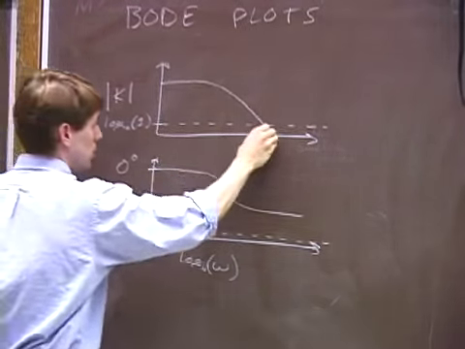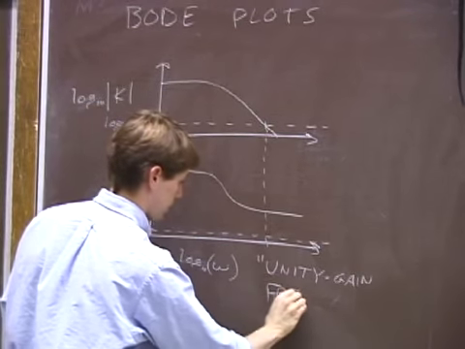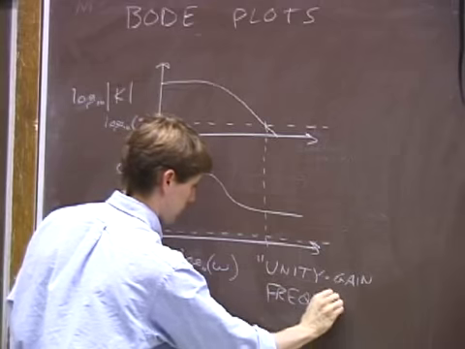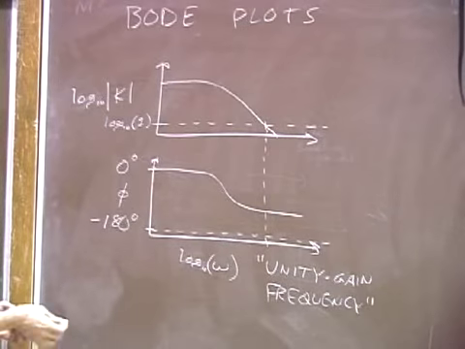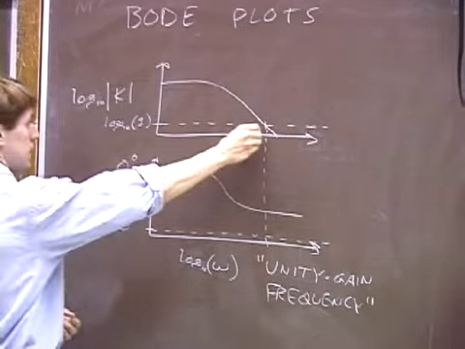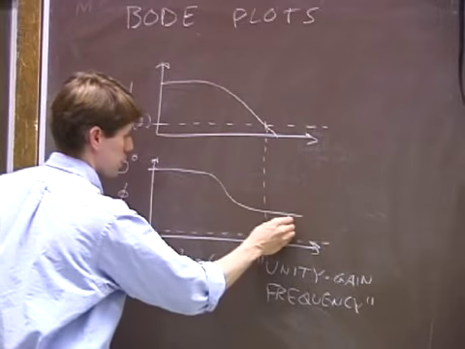This is called the unity gain frequency. And you can see that at the unity gain frequency, you can simply read off the phase margin, theta.